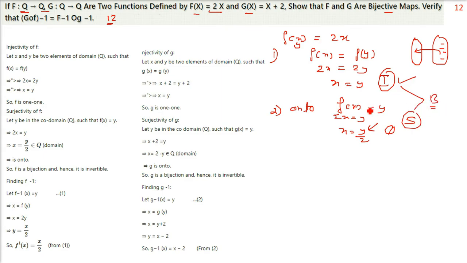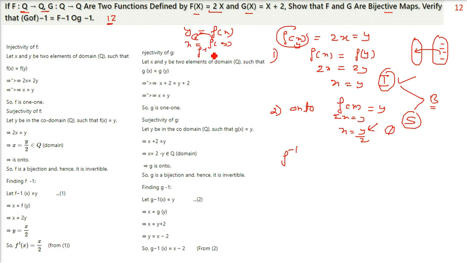What will be the inverse? How to find out the inverse? You know how you compute. We know always that y equals f(x), and when we take the inverse, we take x equals f(y). f(x) is 2x equals y. So for the inverse, we just change the x and y values. So y equals f(x) will be changed to x equals f(y). So f inverse of x becomes y.